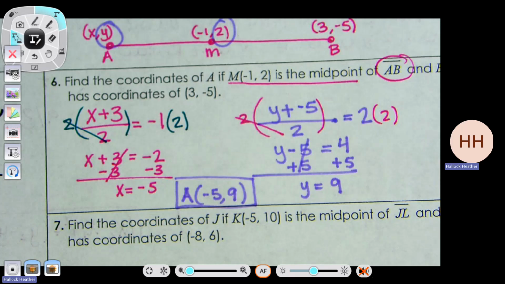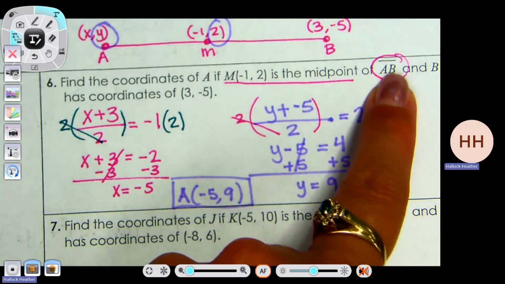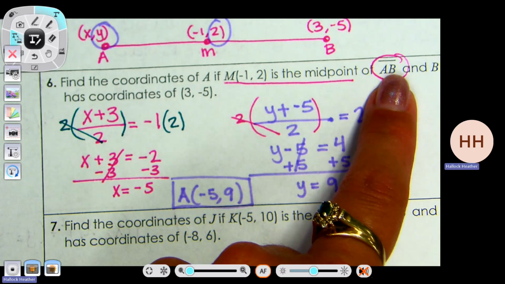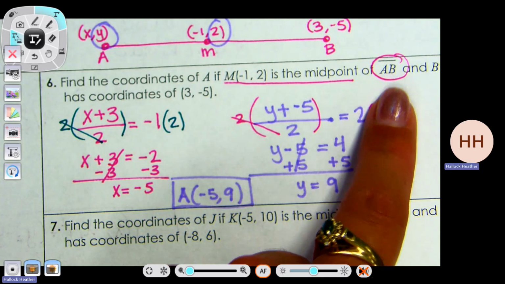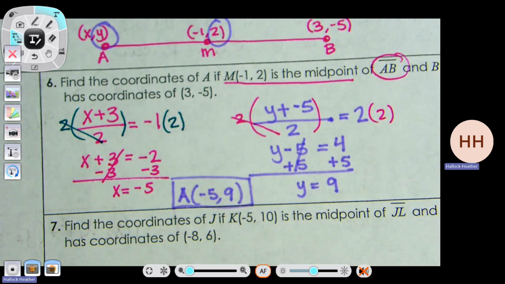Okay, we're going to do number 7. Number 7 is exactly the same. You're going to start by drawing a picture because when in doubt, we're going to draw it out every time. Okay, last time my line was AB. For number 7, what are my 2 endpoint letters?